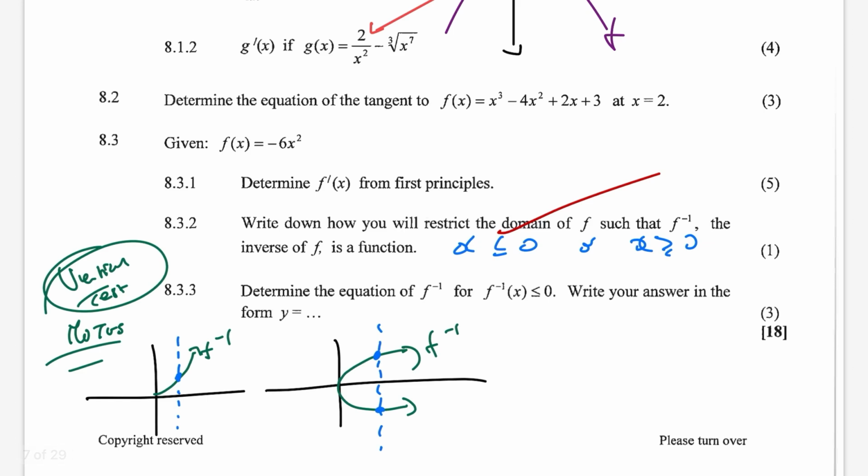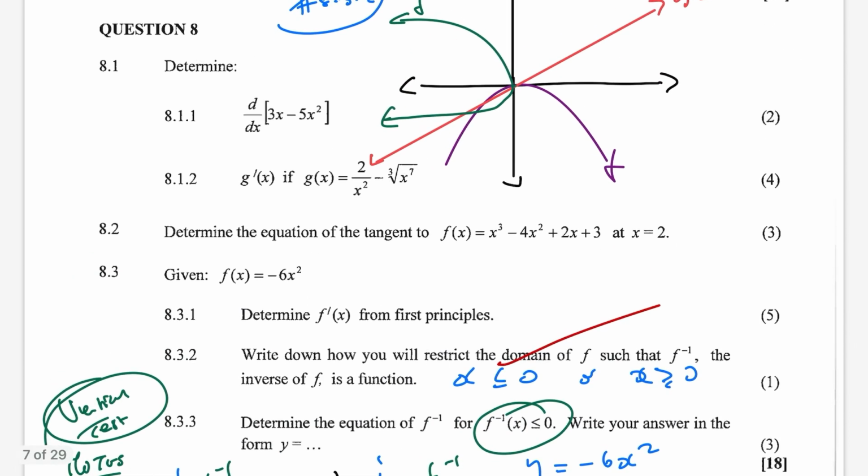Now let's go to 8.3.3. That's a very nice question. It says determine this inverse when x is negative. That's your key. Now how do you do that? You have y is equal to negative 6x squared. To determine the inverse, again, what do we say?